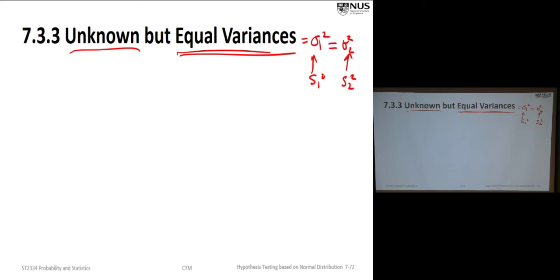If I call this sigma, then sigma square is estimated by the pooled variance, which is n1 minus 1 times s1 square plus n2 minus 1 times s2 square, divided by n1 plus n2 minus 2. So it's the weighted average, weighted by the sample size minus 1.